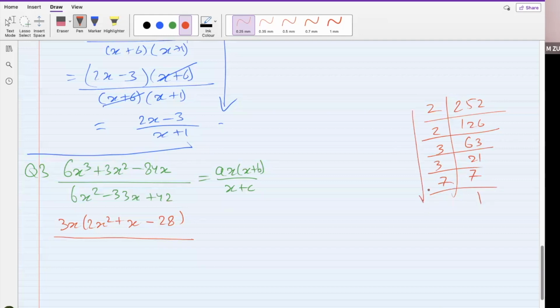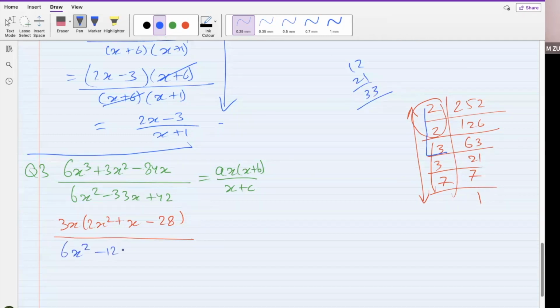So we have to shuffle these numbers to get 33 as the addition. Multiplication will always give you 252. So I'm trying 4 with 3, 3 times 9, and 9 into 7 is 63. So this is not the choice. Then we try 2 times 4, 4 3 times 12, 12 and 21. So 12 and 21 give me 33.